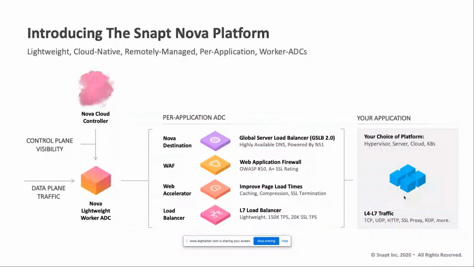The control plane is not sitting together with the data plane, and through that control plane, you get a lot of visibility, all the telemetry information, the metrics, essentially all the data that is related to the performance of that ADC, as well as your application, is being captured and is visible to you centrally through a dashboard on the Nova Cloud Controller.